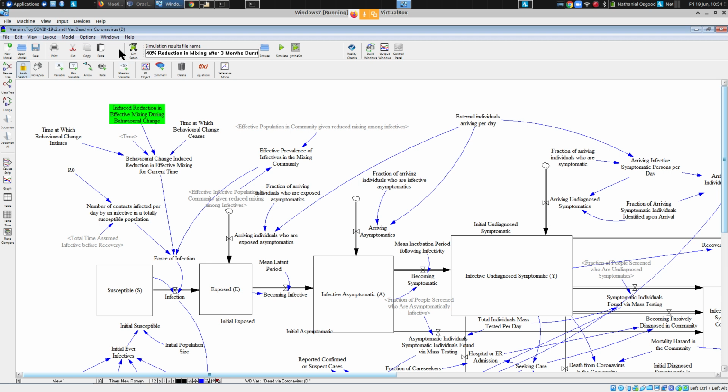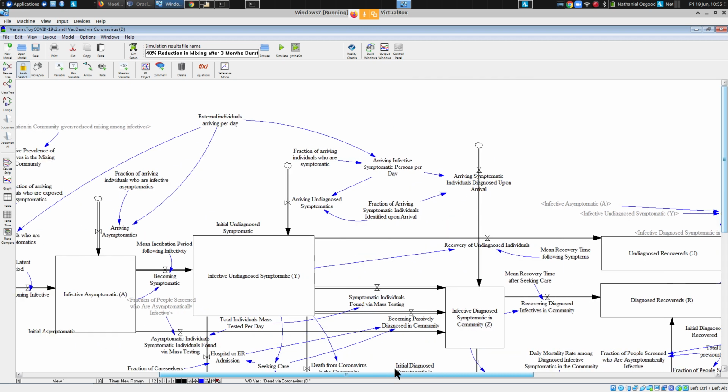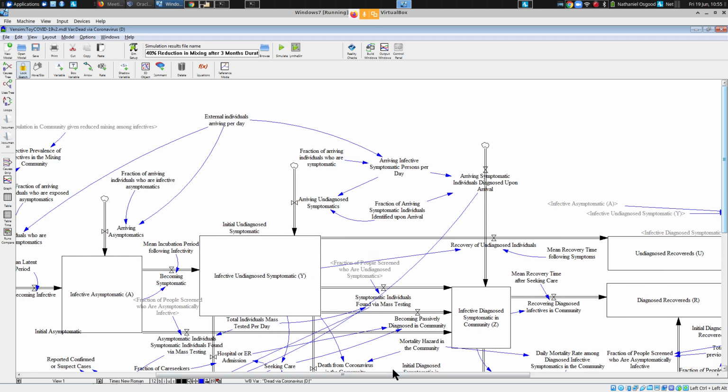In no place here is the oligosymptomatic pathway. We don't have in place, for example, detailed representation of contact tracing, nor do we have a representation of differential transmittivity by asymptomatics. But a model like this, simple though it is, should communicate some of the ways in which these models can be used.